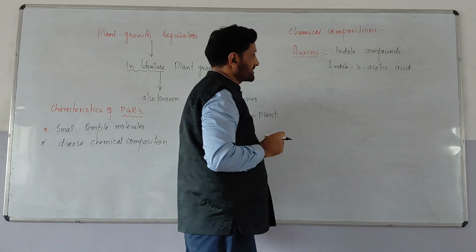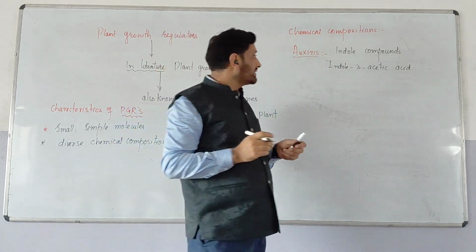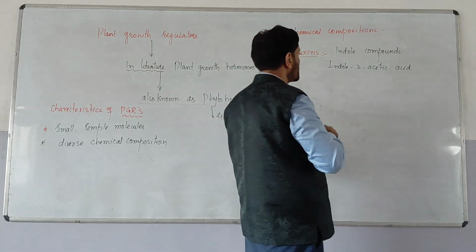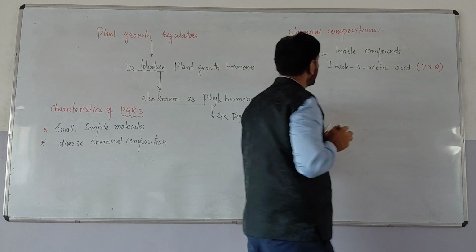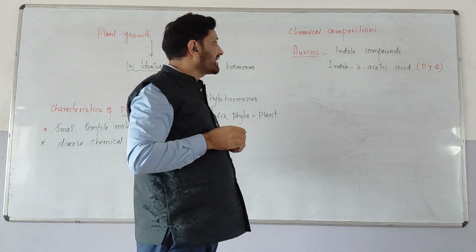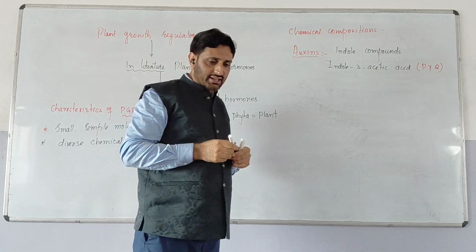So what is the chemical composition of the auxins? These are indole compounds. This is your PYQ. It was asked in a previous year question. Chemically these are indole compounds, and we can see this is indole 3 acetic acid.